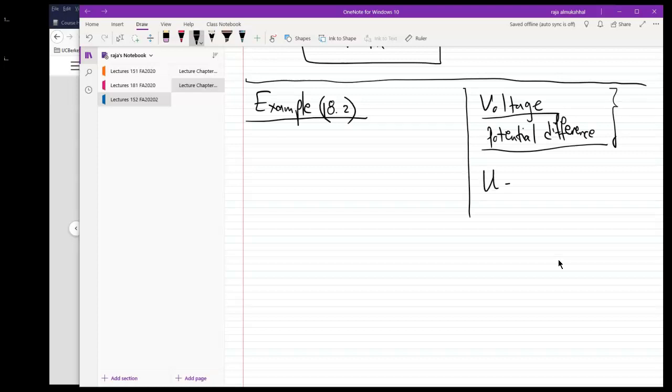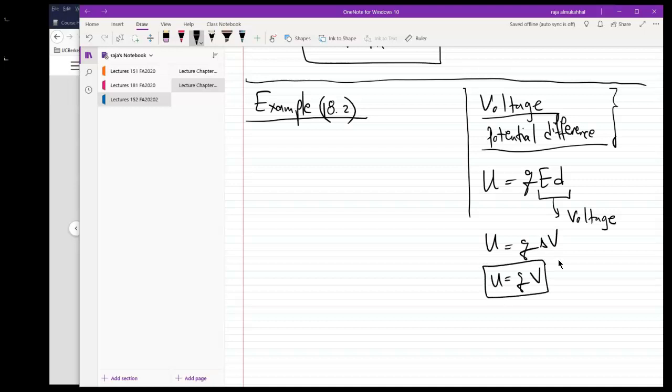We said that the potential energy is equal to qEd, correct? Or qEy, whatever. This term, Ed, is called the voltage. In other words, the potential energy is really q delta V or qV, however you want to write it. Got it? Okay, so let's go back to the problem.